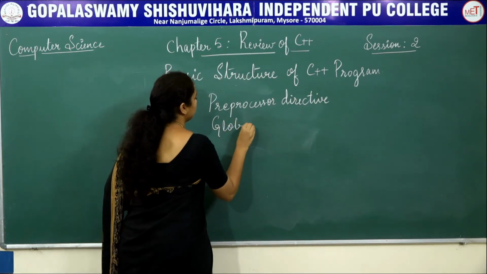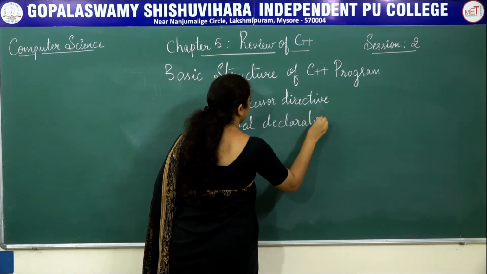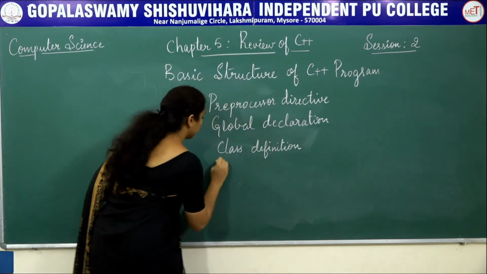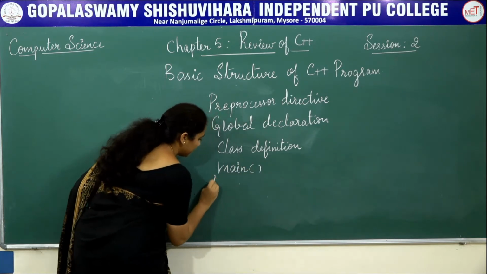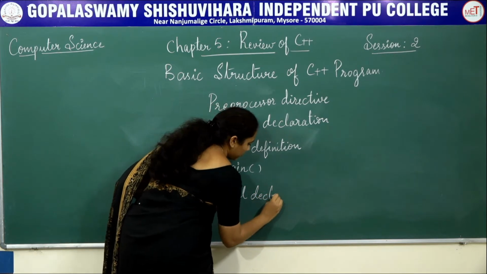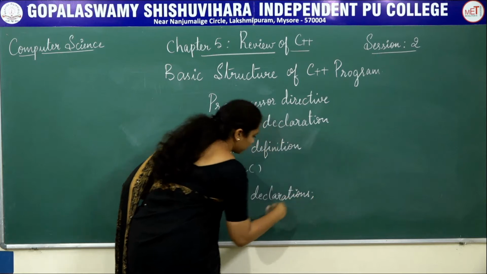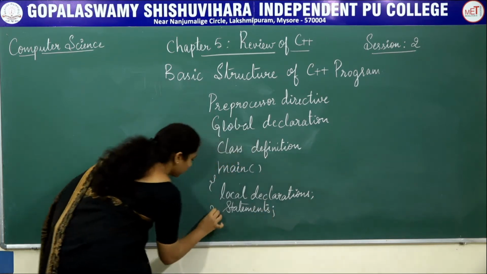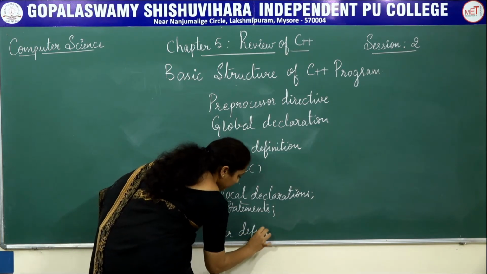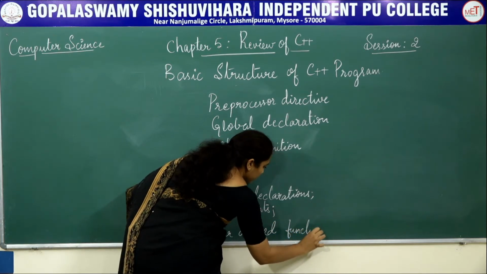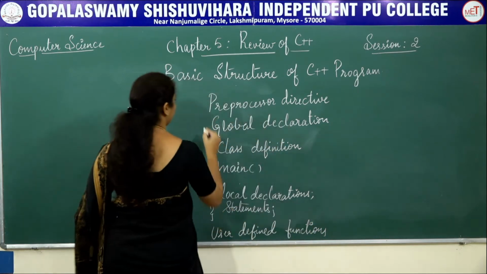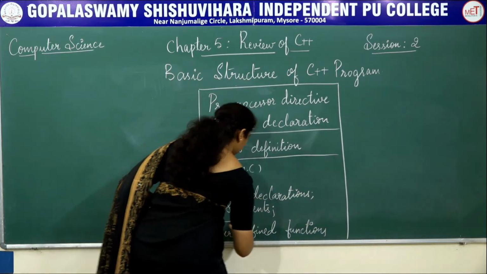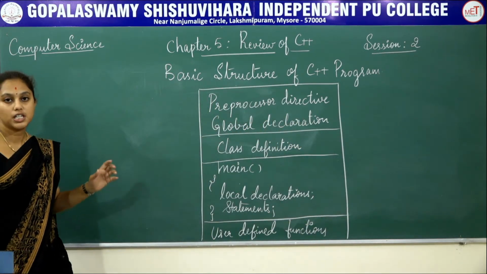Then global declaration, class definition, and main function. So this is the basic structure of a C++ program.